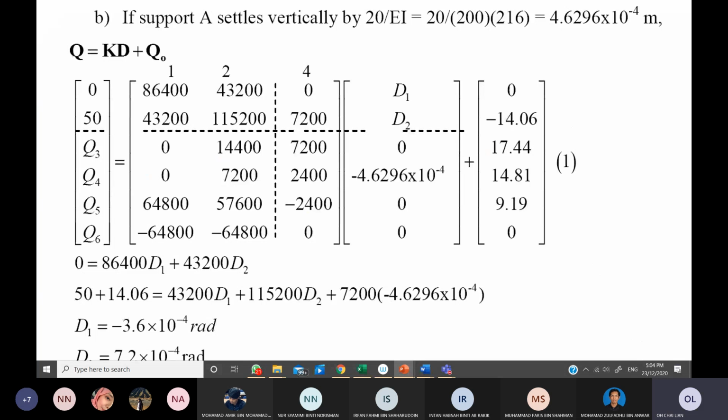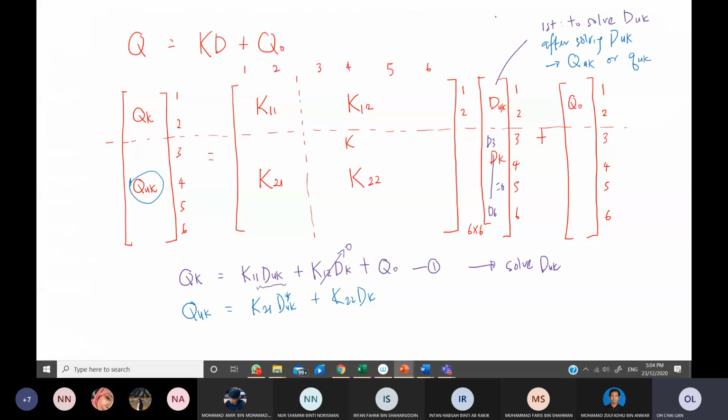But they give you a problem. They said support A now settles vertically 20 over EI. Meaning that D6, as earlier we have known that support A deals with D6. I think I confused. Let me see.